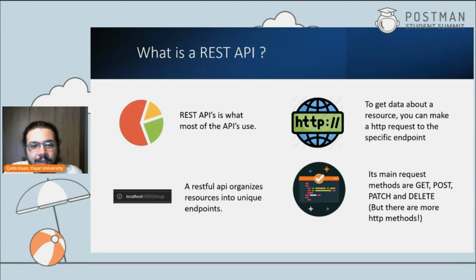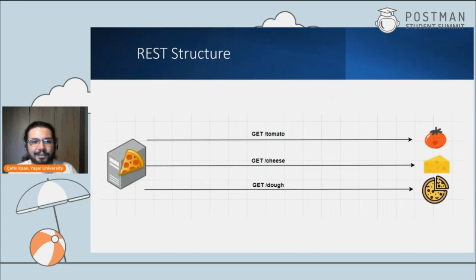For example, the PATCH method helps you update data, and the DELETE method helps you delete data, as its name suggests. So let's check out the structure of REST. As you can see, we have a pizza server. I chose to use a pizza server because I'm sure everyone loves pizza. Who doesn't love pizza?